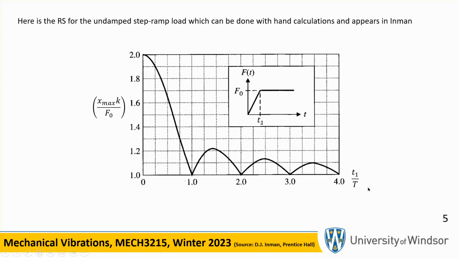So big T is 2 pi over omega n. So you have the maximum deflection, normalized of course, versus something related to omega n. And this T1 is actually how fast the load is raised. So this is going to be very useful as long as we are interested in X max. This is one way of doing it.